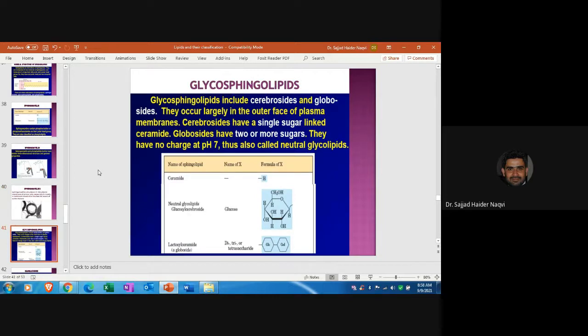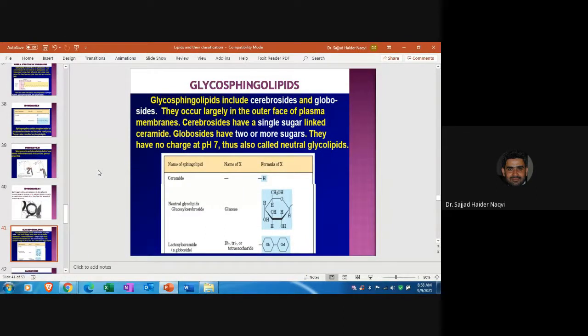Then we have the glycosphingolipids, and the name itself reflecting that you have sphingolipids, and now you have got an add-on to that, and the add-on is a sugar moiety. So when a sugar moiety is added to the sphingolipids, it will become glycosphingolipids.